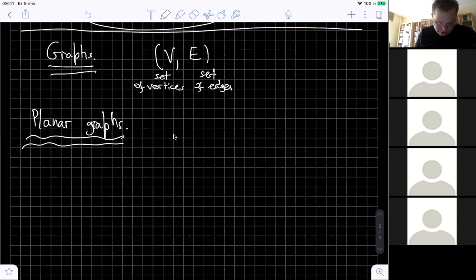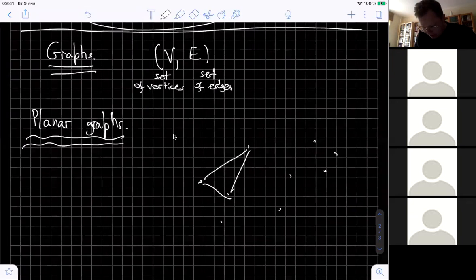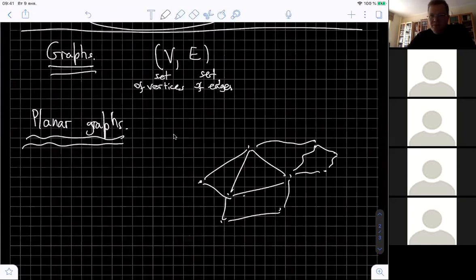So we can draw the vertices as points on the plane, and then we can illustrate edges as lines or curves between these vertices.